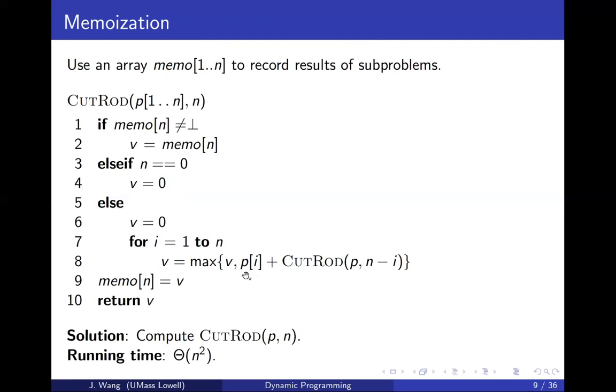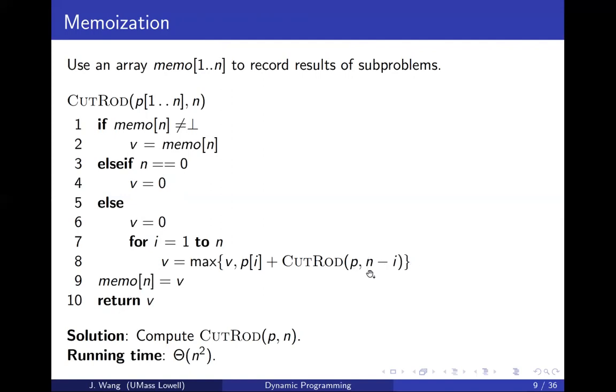So v is the maximum of v or P of I plus cut rod of P comma n minus I. This is the recurrence relation. It returns v, and that v will be placed in that position.